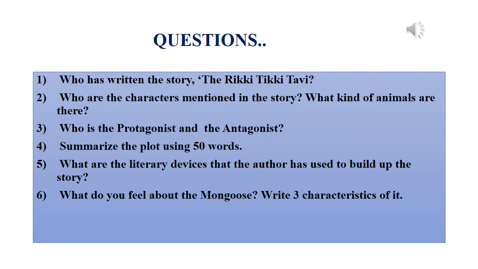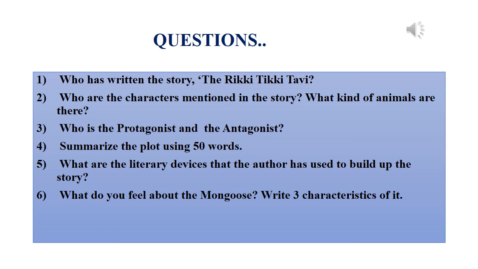Number 3, who is the protagonist and the antagonist? Earlier we already discussed who is the protagonist and who is the antagonist. You have to name them here. Number 4, summarize the plot using 50 words. You have to write a summary of the story using 50 words. Number 5.